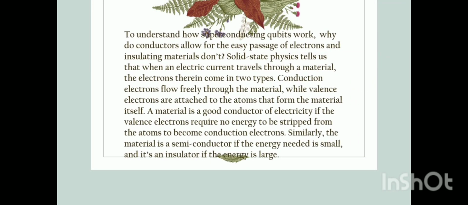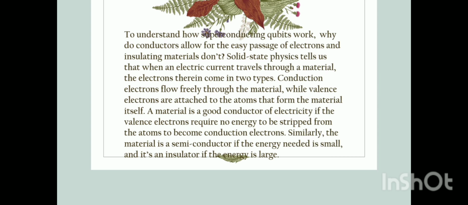To understand how superconducting qubits work, we need to get into a question. Why do conductors allow for the easy passage of electrons while insulating materials do not? Solid state physics tells us that when an electric current travels through a material, the electrons therein come in two types.